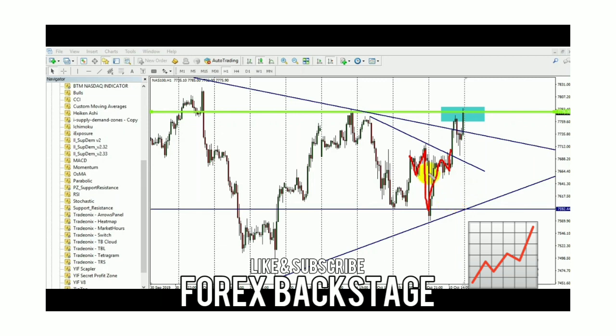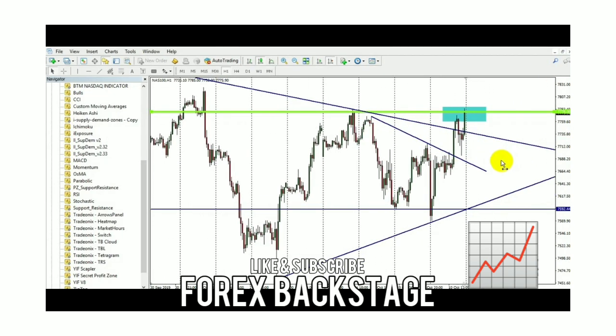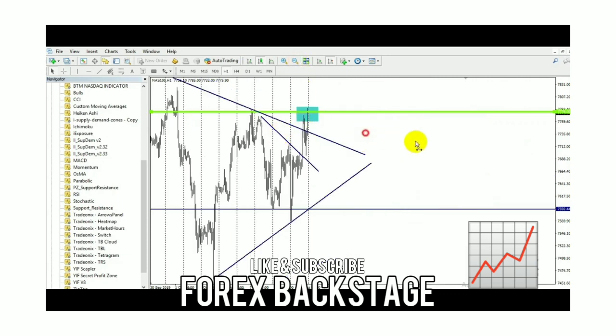As you can see here, I see a head and shoulder like this, and also a head and shoulder like this, and it breaks this line and also this line. So this is our third confirmation. Then, as you can see, now we are looking for a buy signal.